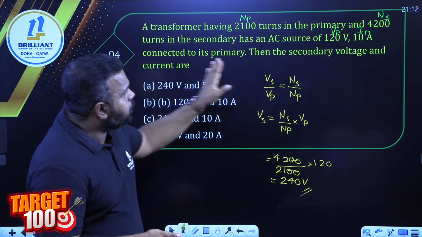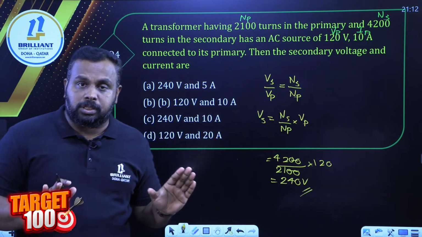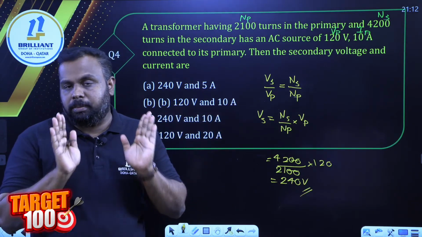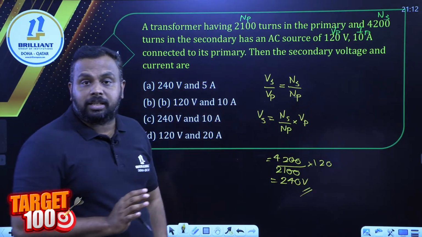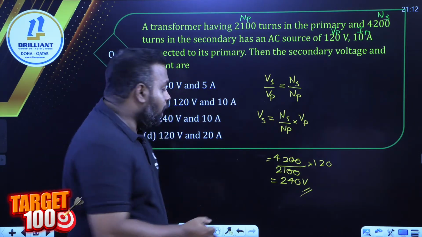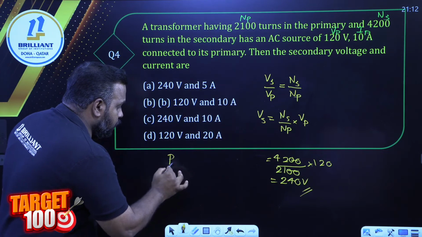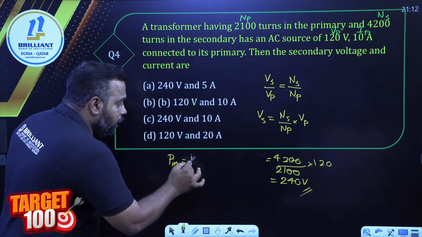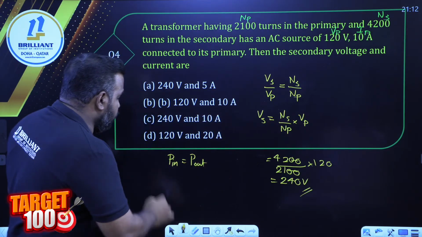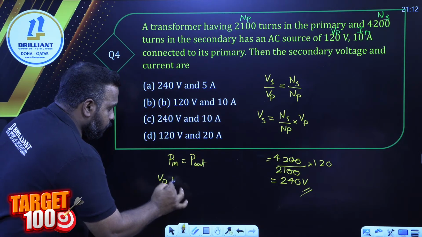But here in this question, they did not say anything about the losses, so you can neglect the power loss. If you are neglecting the power loss, we can write an equation: input power is equal to output power. That means P in is equal to P out if there is no loss. What is P input? Vp Ip.